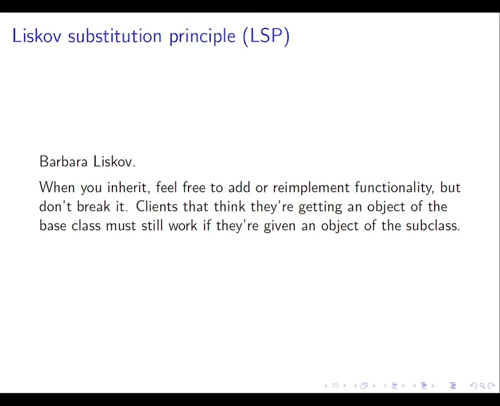Okay, but that would be bad, right? So how do we capture the idea that that would be bad? We're trying to get at the idea that you should feel free to add functionality or re-implement it in a way which respects the original intention of the functionality but is now adapted to your extended class. But you shouldn't break it.